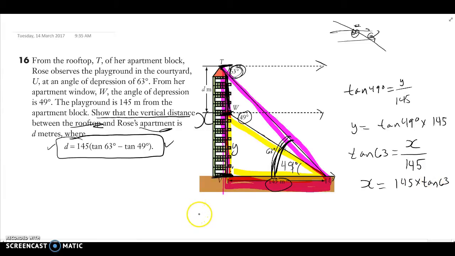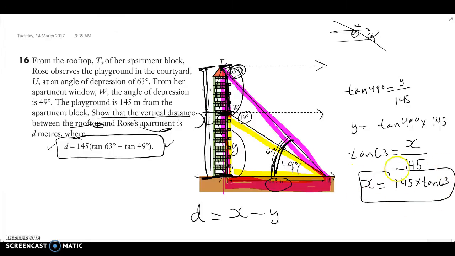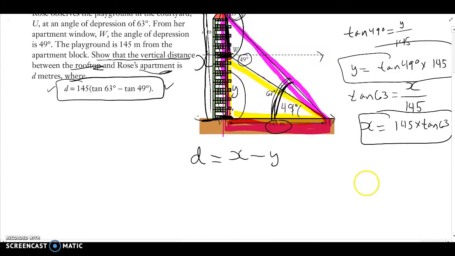So that would mean that d, if that's d, it would have to be x minus y, right? The whole height there is x, and then if I subtract y, which is this bit, that just leaves you that part left, and that's what we're trying to find. So I have the x there, I've got my y there, so let's just subtract them.